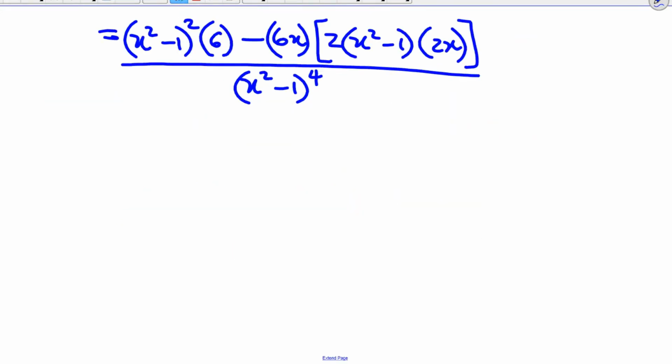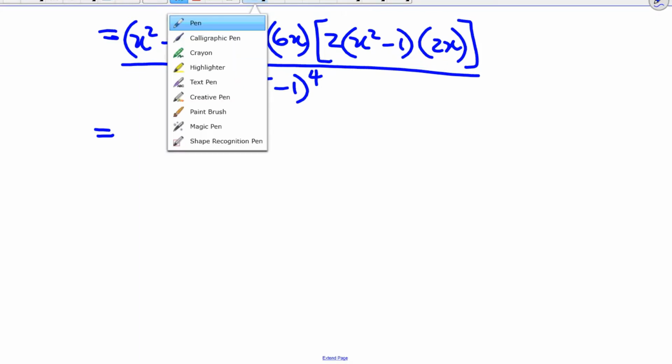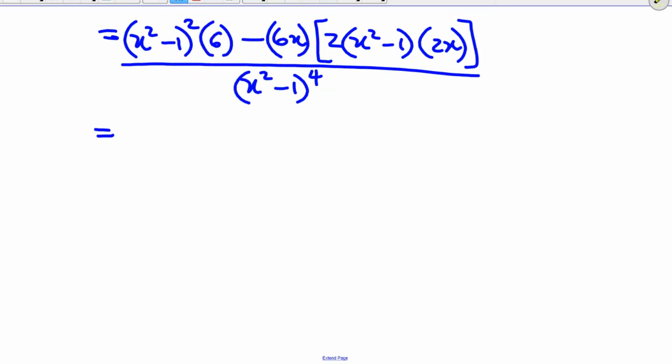If you simplify this, actually what I'm going to do here, to make my work easier, is to factorize out x squared minus 1.